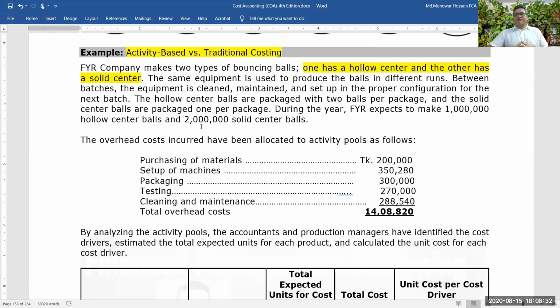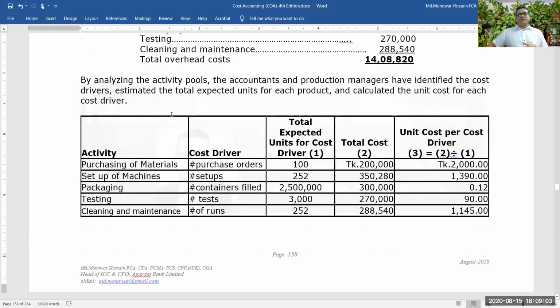During the year, if we are expected to make 1 million hollow center balls and 2 million solid center balls, the overhead cost incurred in the allocated activity pool, that means purchasing materials, setup machine, packaging, testing, cleaning and maintenance. Total overall cost is 14,08,820.